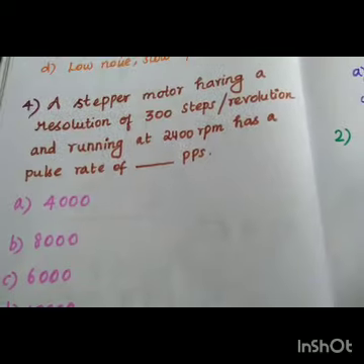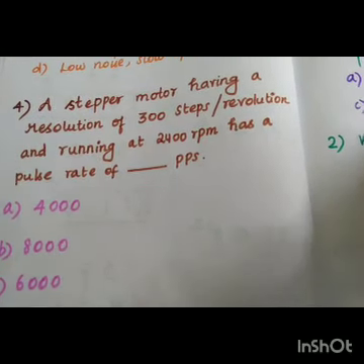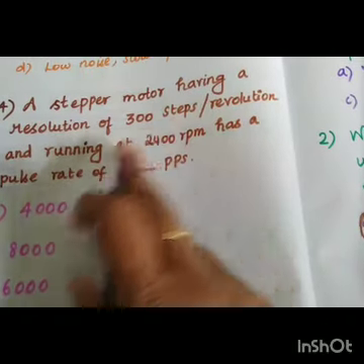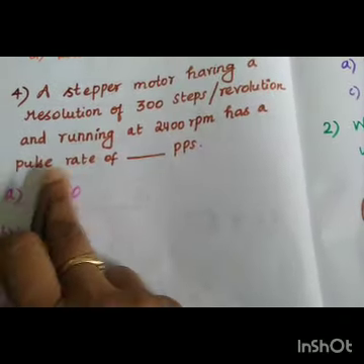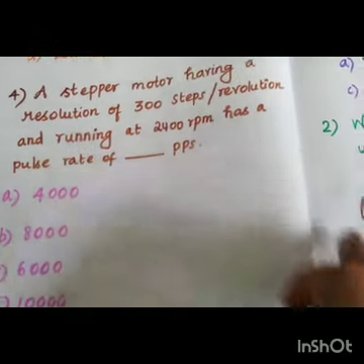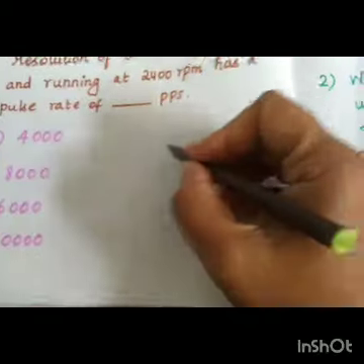A stepper motor having a resolution of 300 steps per revolution and running at 2400 rpm has a pulse rate of dash pps. So pay attention, they have asked for pps, am I right?